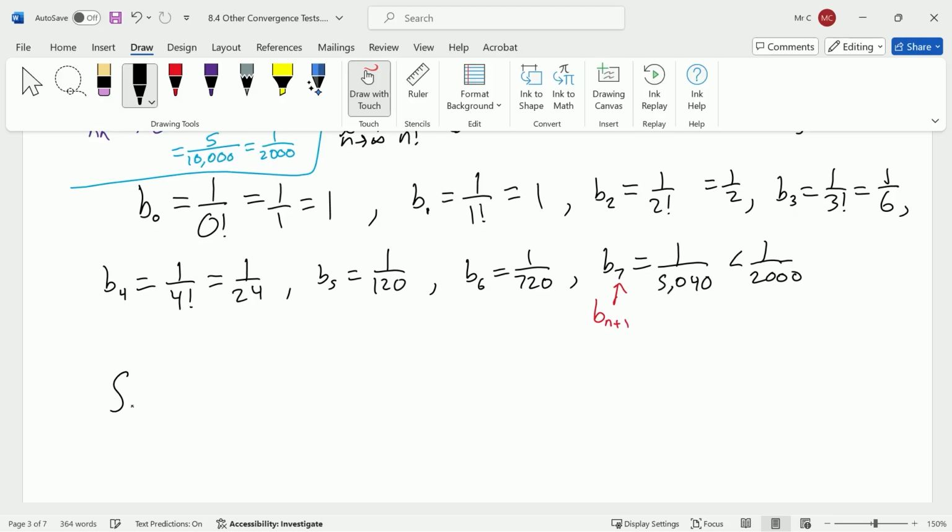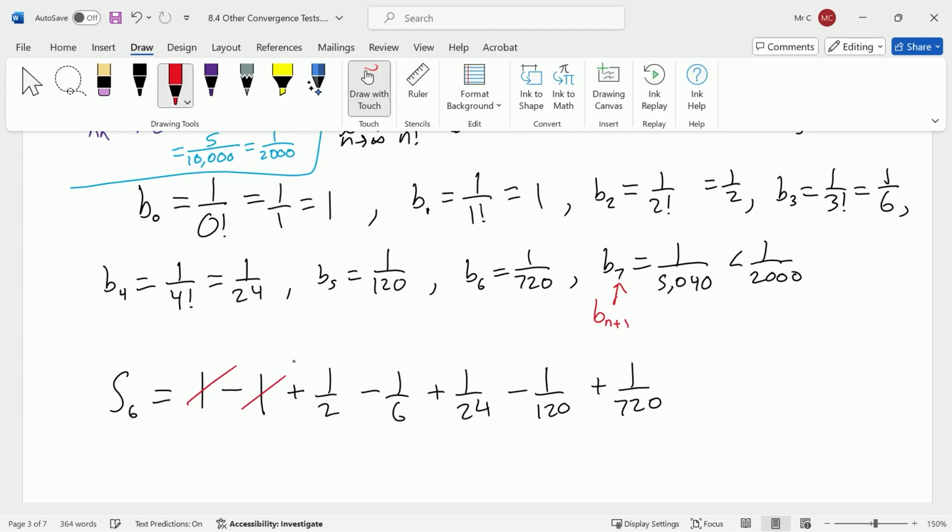So my sum up to the 6th term starts with my 0 term, which is positive, minus 1, the b sub 1 term, plus 1/2, minus 1/6, plus 1 over 24, minus 1 over 120, plus 1 over 720. So the 1 minus 1 cancels, which is nice. And now we've got the rest of this expression here to finish evaluating. So we'll just throw that into a calculator real quick.